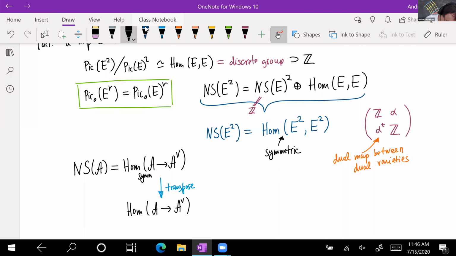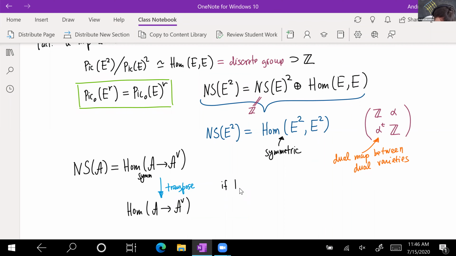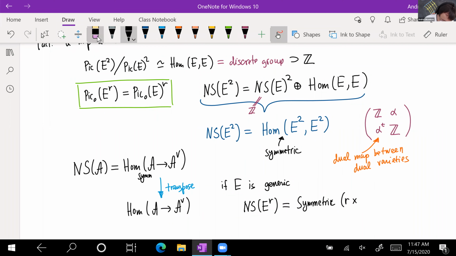So in particular, if E is generic, like I said, we don't need any assumptions on E, but if E is generic, then the Néron-Severi group of E to the r is just symmetric matrices. Let's just take a general statement.